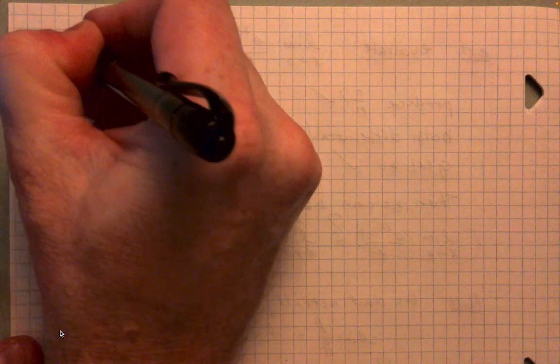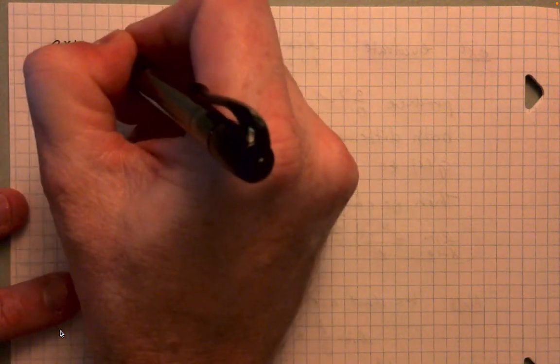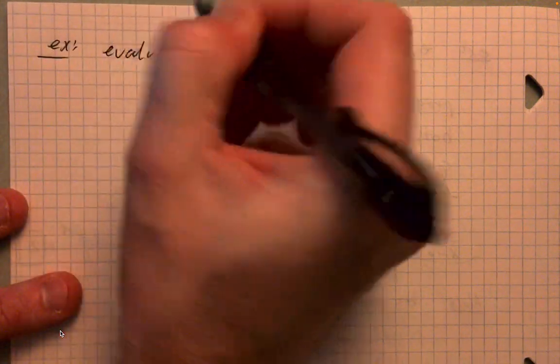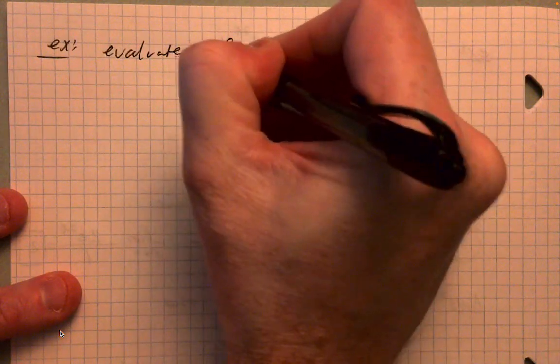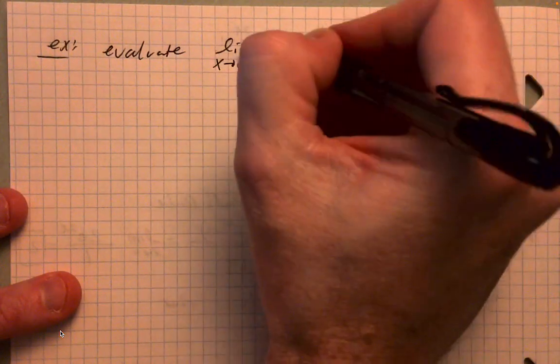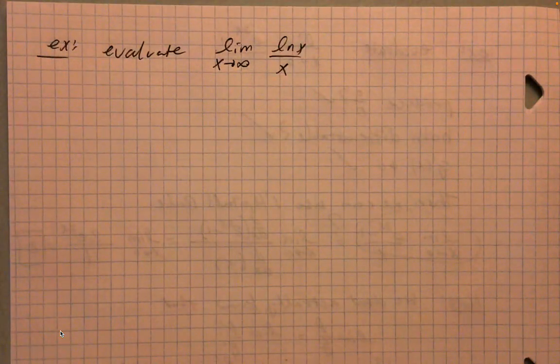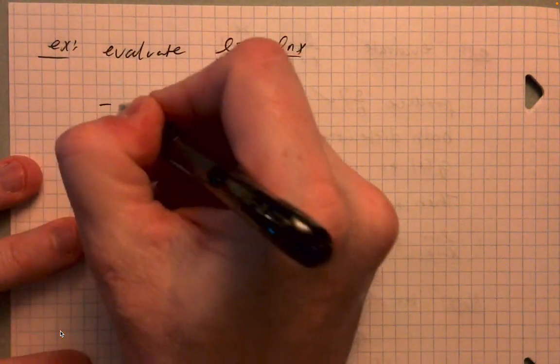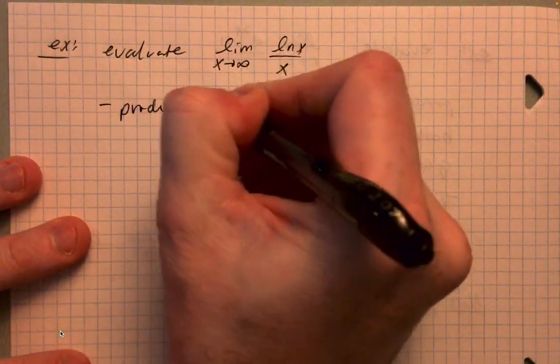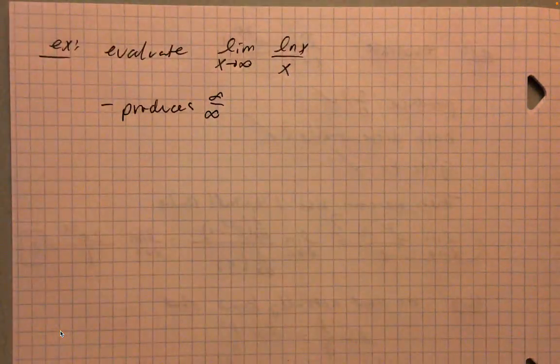All right, let's do another example. Let's say we want to evaluate the limit as x approaches infinity of the natural log of x over x. If we were to evaluate this directly, of course, this produces infinity over infinity, the indeterminate form.